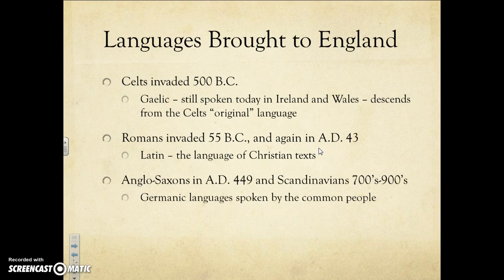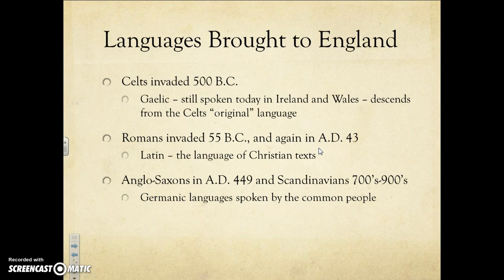We also have the Anglo-Saxons. So there were warring tribes of people that the Romans were always battling for territory. They gained from and lost territory to these groups of informally run people in Northern Europe.